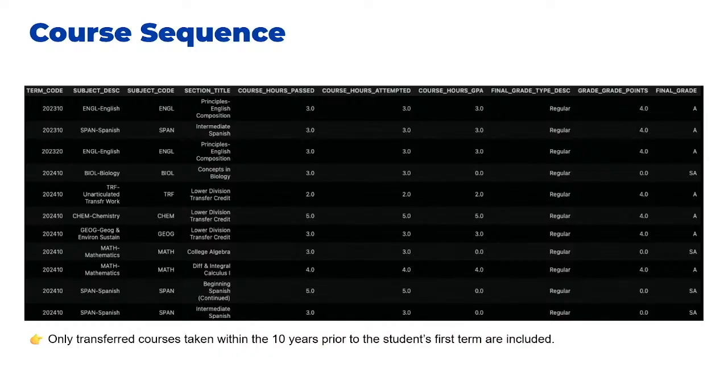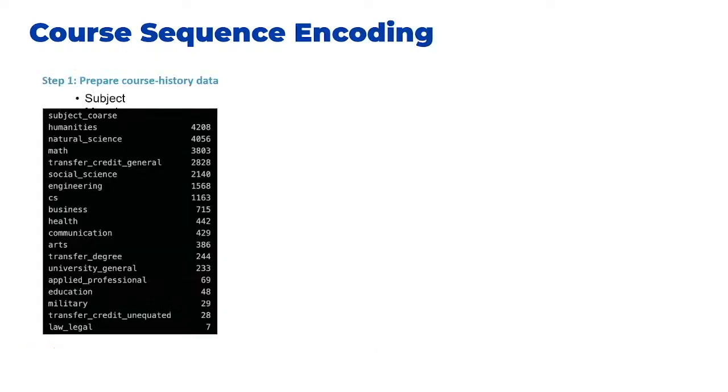Is it regular? Is it repetitive? Is it forgiveness, remedial? And then we have the letter grades. Along with those, we also have some numerical features such as hours and passed or attempted hours.